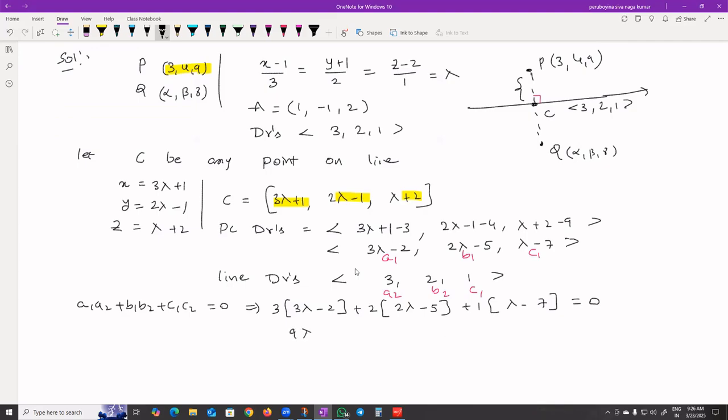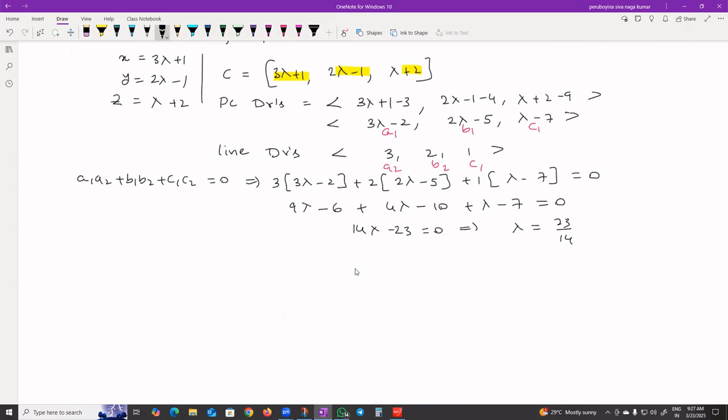Then 9 lambda minus 6 plus 4 lambda minus 10 plus lambda minus 7 equal to 0. So let's calculate 14 lambda. And if you see constants, minus 6 minus 10 minus 7, minus 23, so 14 lambda minus 23 equal to 0 implies lambda equal to 23 out of 14.